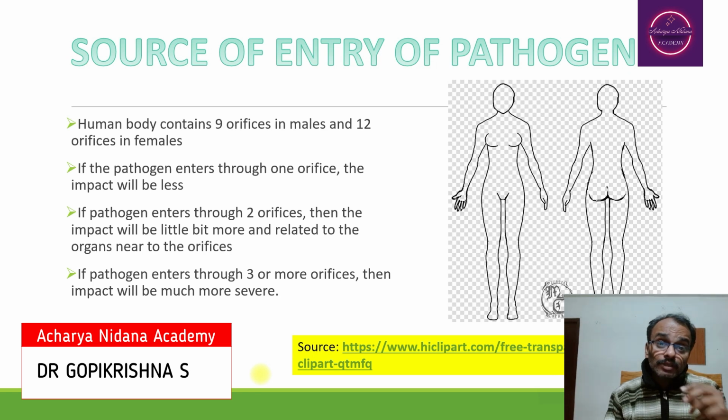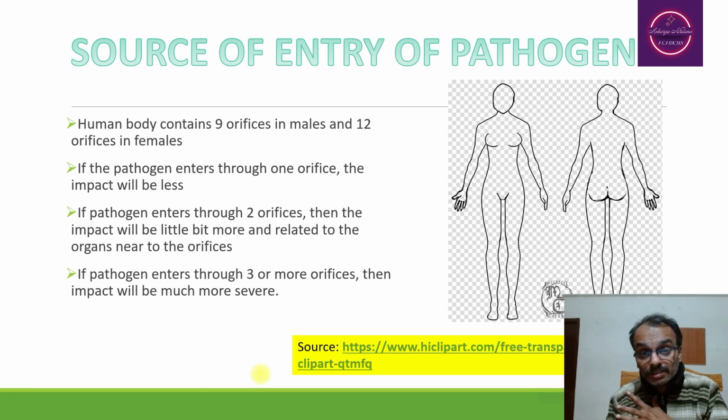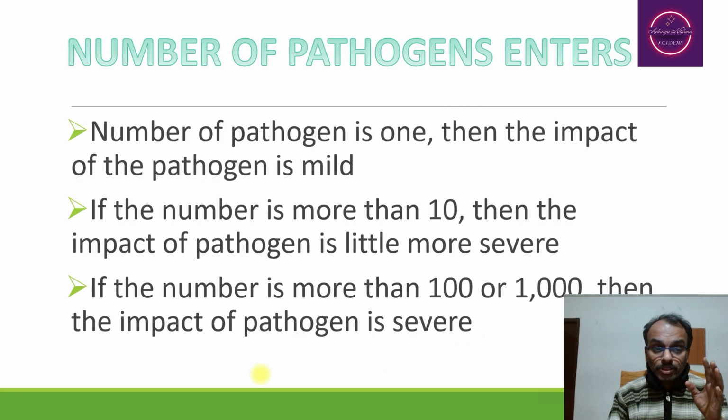So if the entry of pathogen is through the mouth, the person may have the manifestation of Nija Vikara. Whereas if the entry of pathogen is through other natural orifices, the person may develop Agantuja type of diseases. This is the significance of knowing about the source of entry of pathogen.